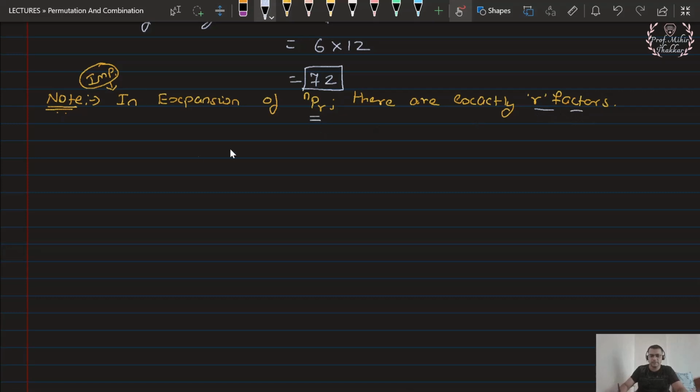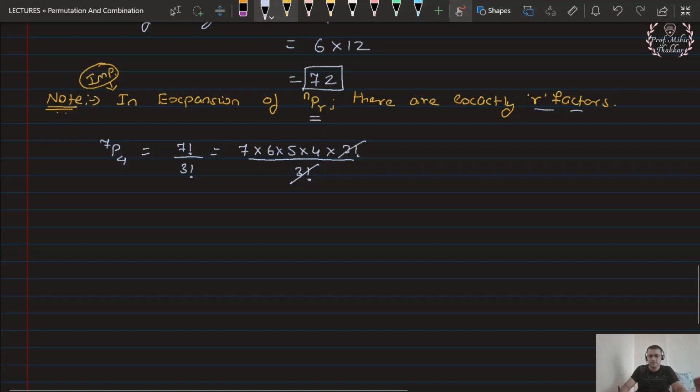Let us understand this. Suppose I calculate the value of 7P4. So this over here will become 7 factorial upon 7 minus 4, 3 factorial. So this is 7 into 6 into 5 into 4 into 3 factorial divided by 3 factorial.